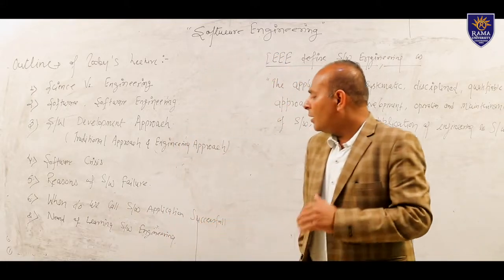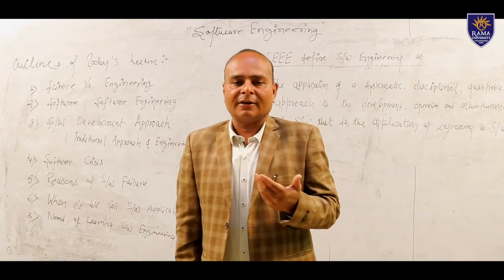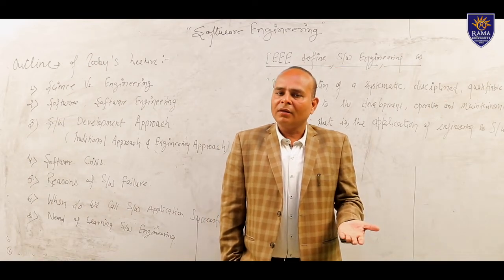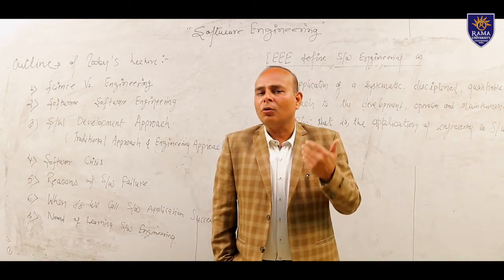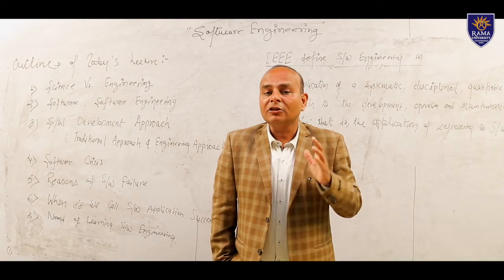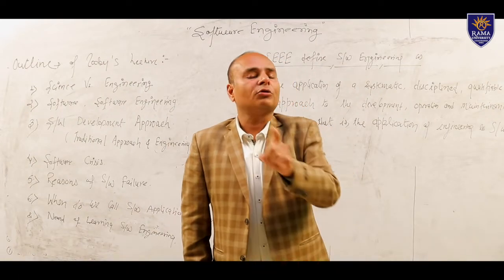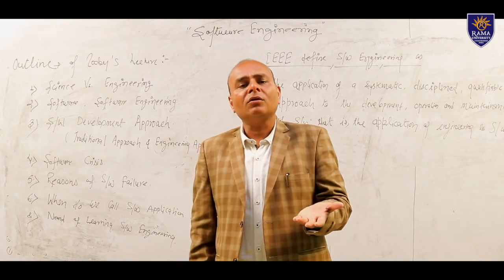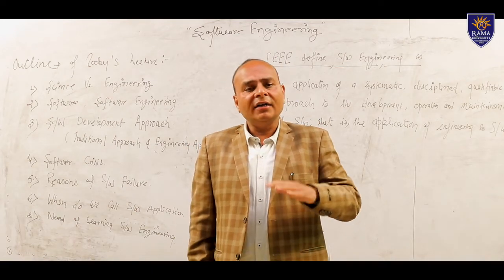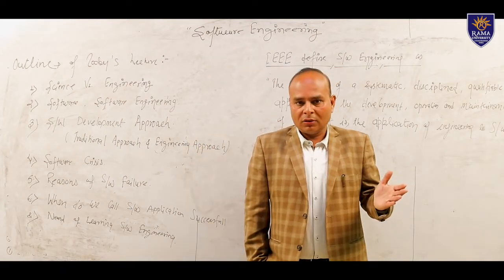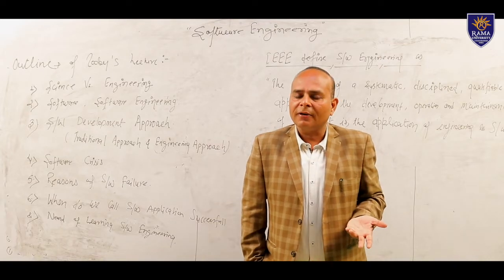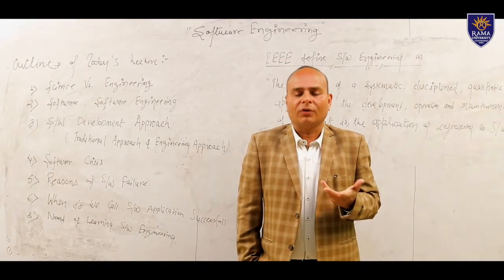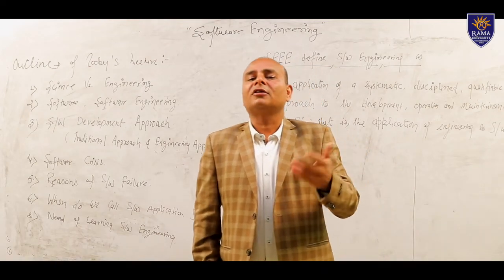Now come to the point: why are we learning this subject, software engineering? The reason is clear. The ultimate goal of learning this subject is to reduce the chances of software failure, because the software crisis is huge. 98% of software is not successful, and we want to reduce this percentage of failures and improve the percentage of success.